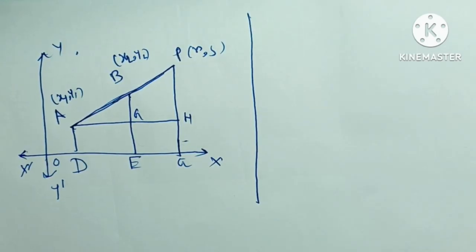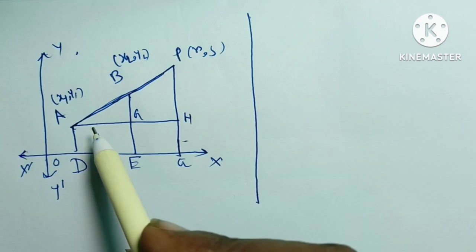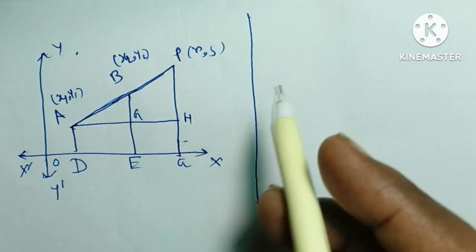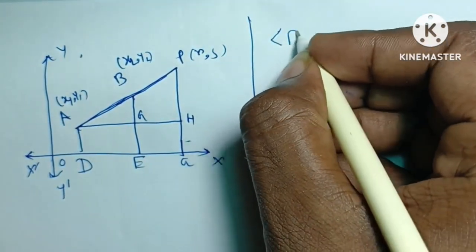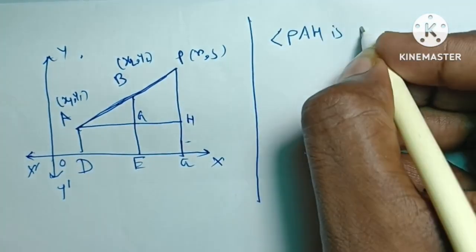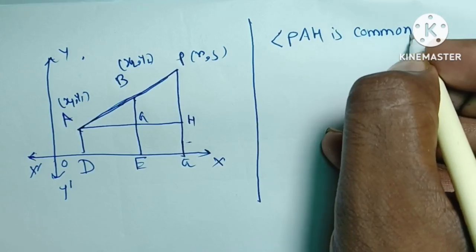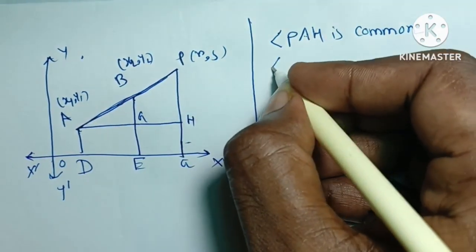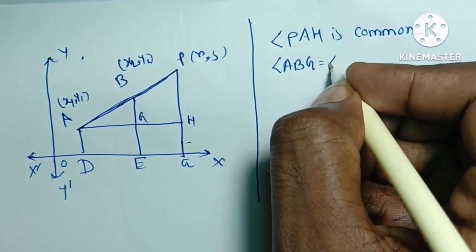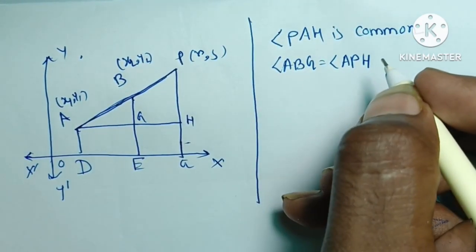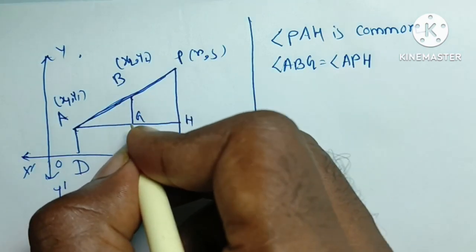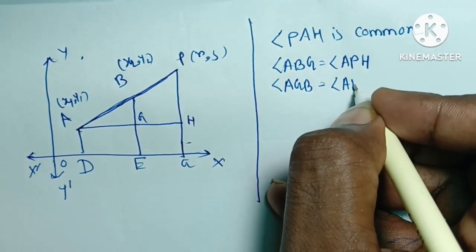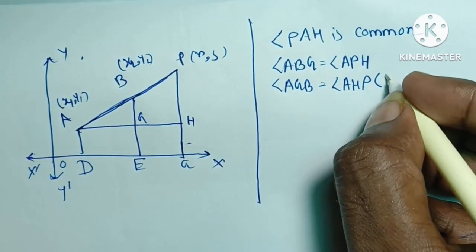Now we can see triangle APH is similar to triangle ABG, because angle PAH is a common angle. Angle ABG equals angle APH, and angle AGB equals angle AHP, because these are 90 degrees.